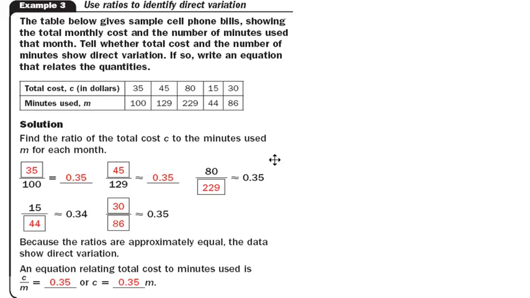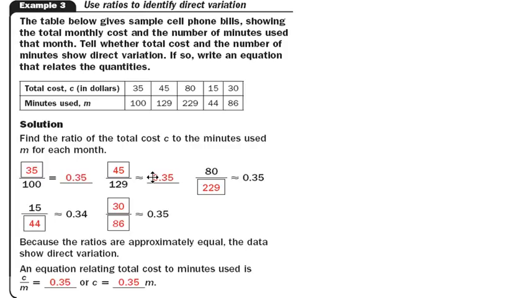And then last but not least, we have these more interesting ones, which say if it's direct variation and I'm given a table of data, so notice no equation, a table of data, the ratio between each x and y should be about the same. And remember I told you in the real world, very few things come out exact. So in this one, they take each x and put it over its corresponding y, and they get a ratio.